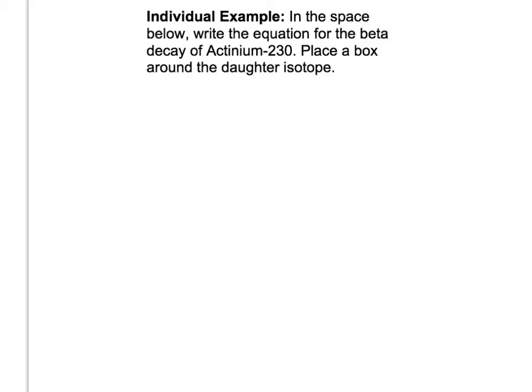So we look for a parent isotope. It's given to us in the problem: actinium-230. So I write down the isotope symbol for that. I know Ac is the symbol, 230 is the mass, and I have to find the atomic number, and it's 89. I can find that from the periodic table. It decays into a daughter isotope and a beta particle.